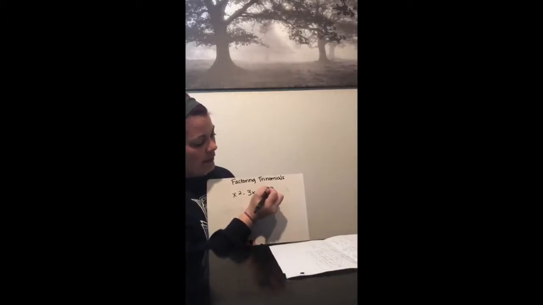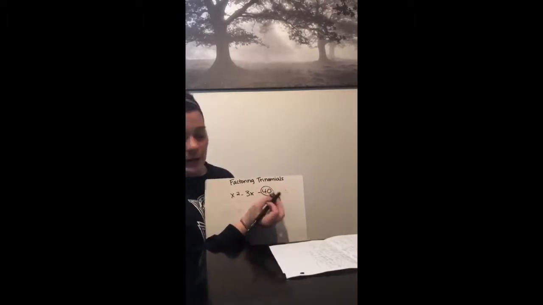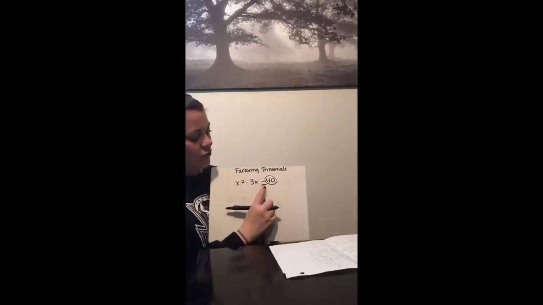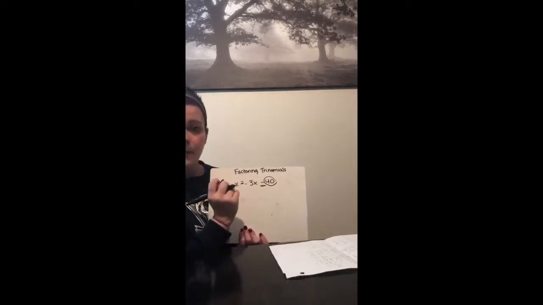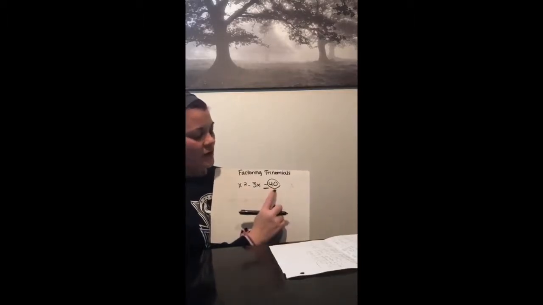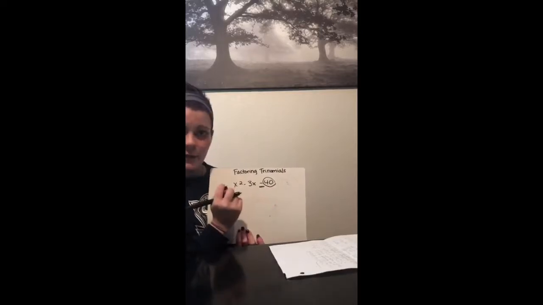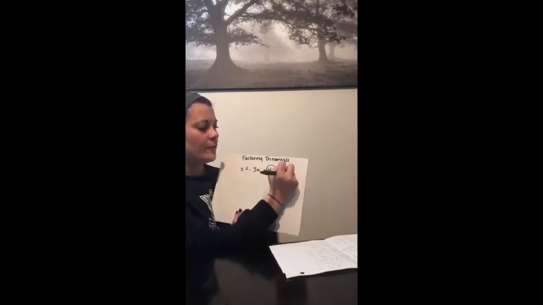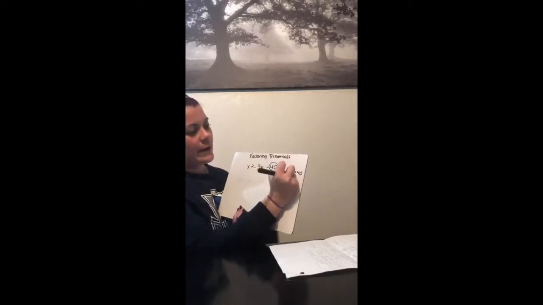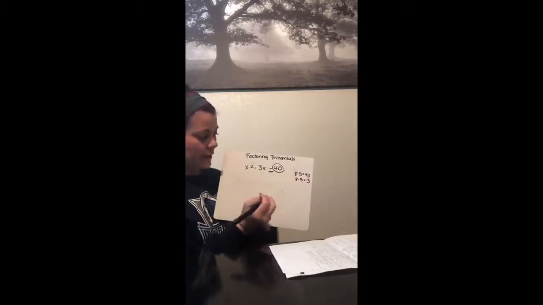You look at the back term and you say, what factors of 40 when subtracted, see that's not addition anymore, when subtracted give me 3, that middle coefficient? Well, if you know your factors of 40, you know that 8 times 5 is 40, and 8 minus 5 gives you 3. So these are the two numbers that I'm looking for.